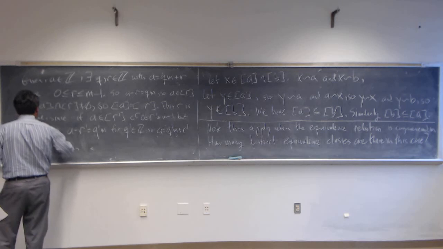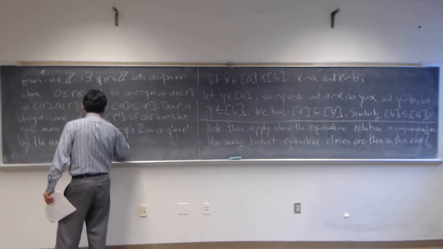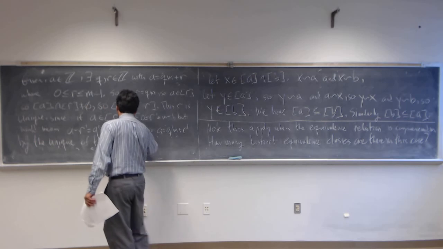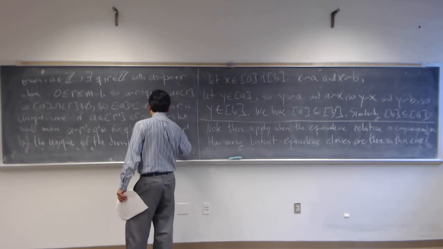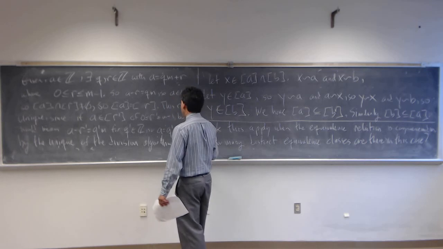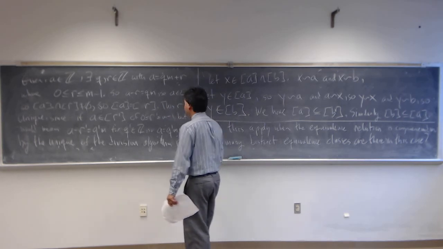And by the uniqueness of the division algorithm, we would have that r and r prime would have to be equal.